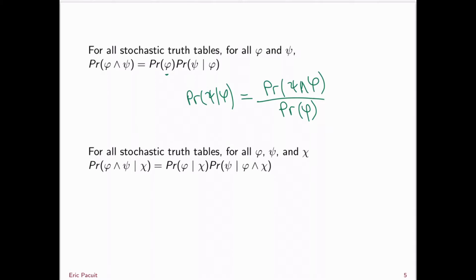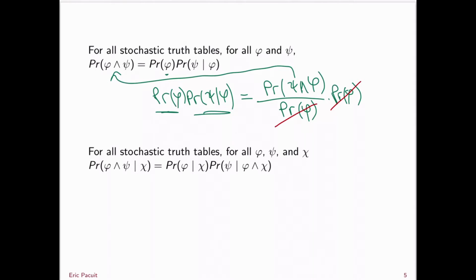So if we were to multiply both sides of this equation by the probability of phi, notice the probability of phi will cancel with the denominator, and you end up with the probability of psi and phi, which is of course the same as the probability of phi and psi. So we get the probability of phi and psi, which is equal to the probability of psi and phi, equal to the probability of phi times the probability of psi given phi.